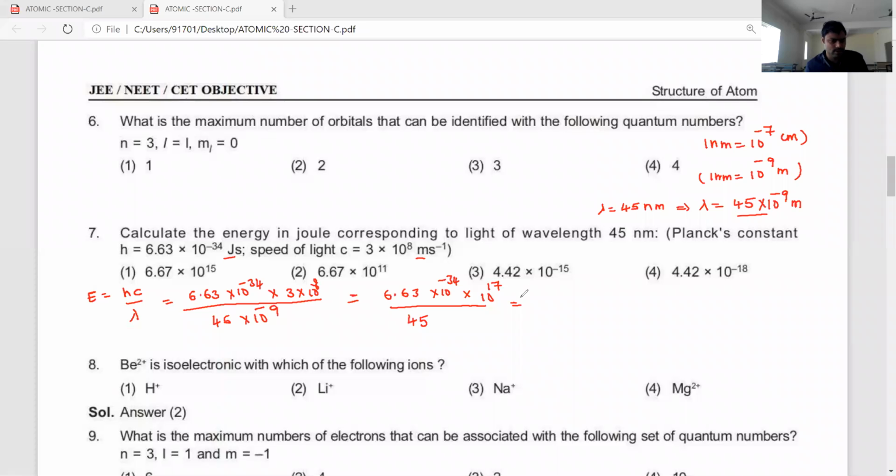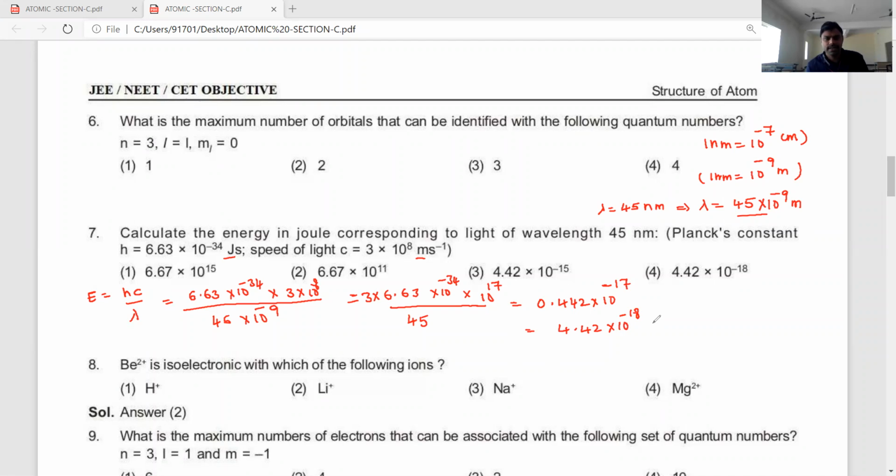We'll get the value approximately, into 3 also present, 3 into, approximately we'll get 0.442 into 10 to the power of minus 17, which is nothing but 4.42 into 10 to the power of minus 18.